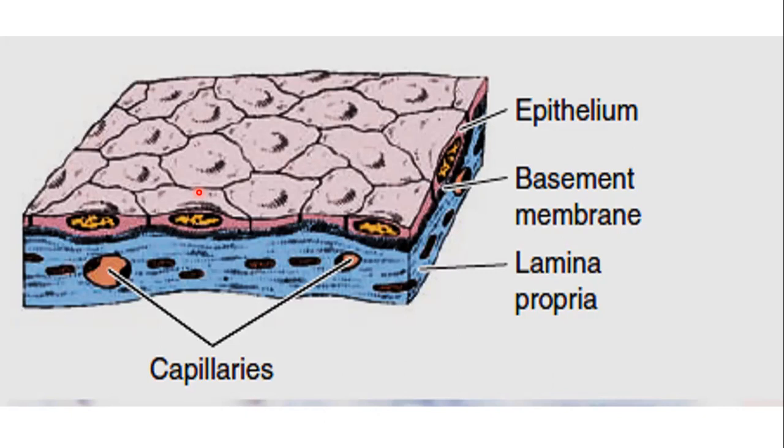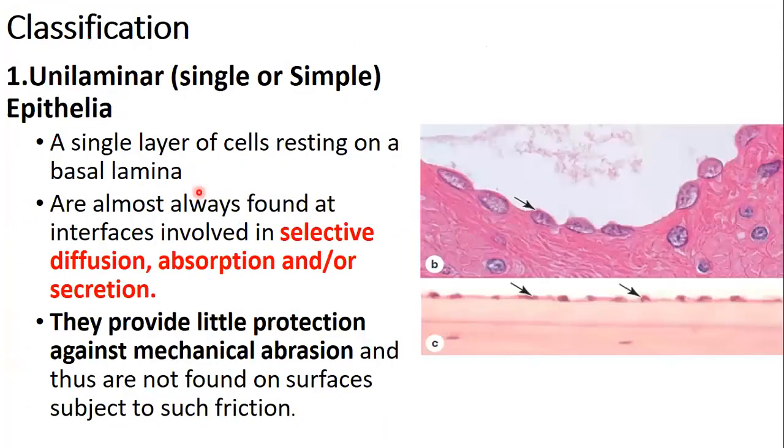Epithelium simply means epithelial tissue. So we have established that just by looking at the number of layers, you can call it unilaminar, single, or simple epithelium. Then if it has more than 1 layer of cells, we'll call it multilaminar or stratified epithelium. So we have exhausted already 1 system of classification.